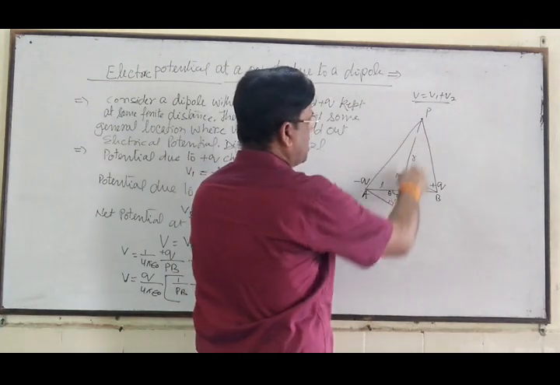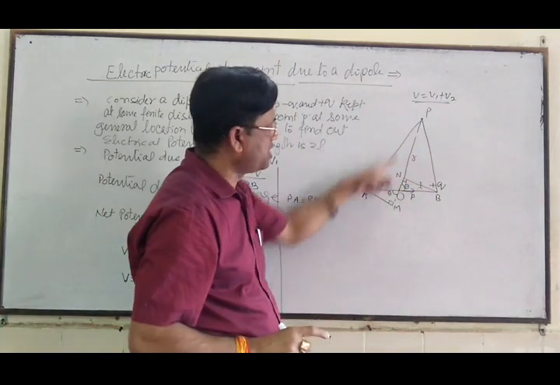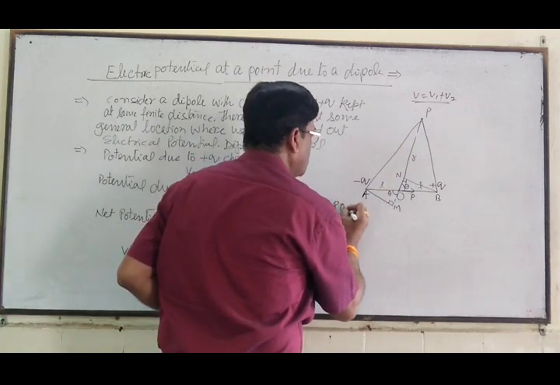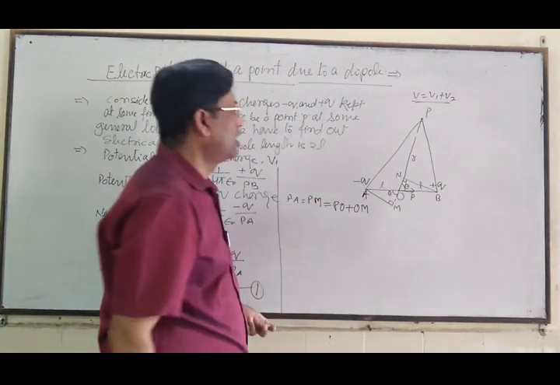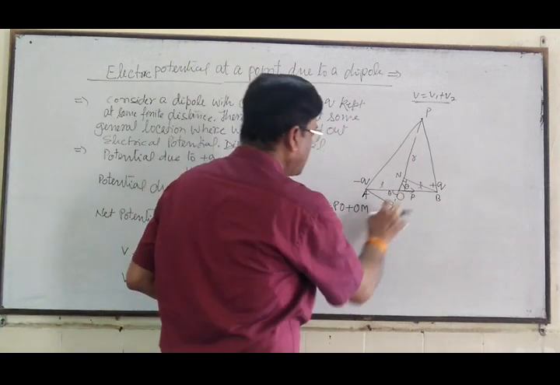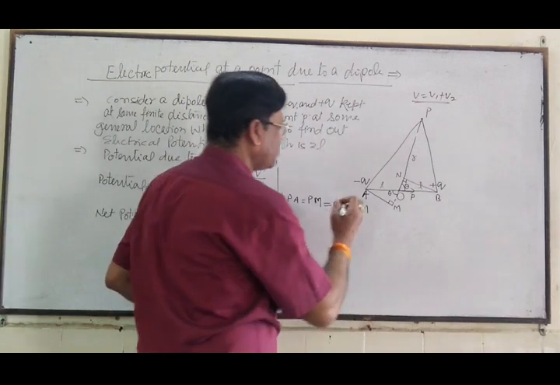The PM distance is the sum of PO plus OM. This PO distance we know is R. We need to calculate OM.